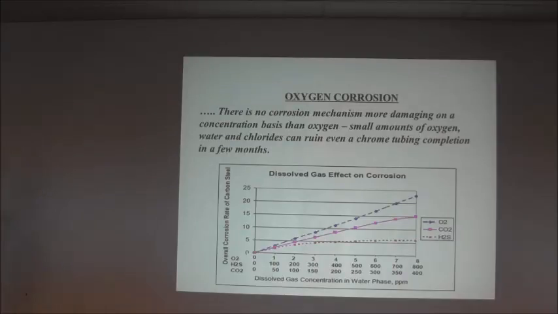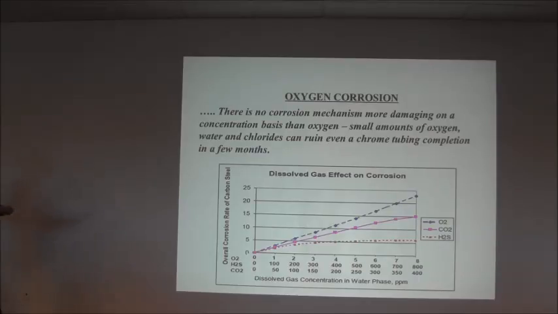So, oxygen corrosion, and I've ripped off a nice quote I found going through some information. I'll read it out. There is no corrosion mechanism more damaging on a concentration basis than oxygen.